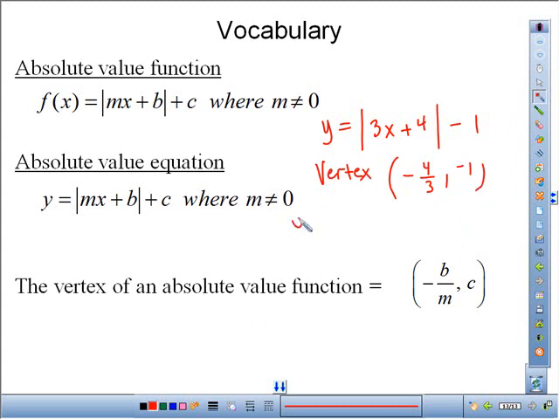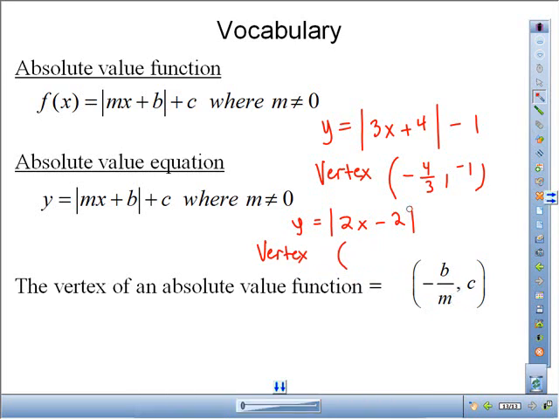How about if we have y is equal to the absolute value of 2x minus 2. Let's find our vertex. Actually, let me make this proper so I have an equal sign.